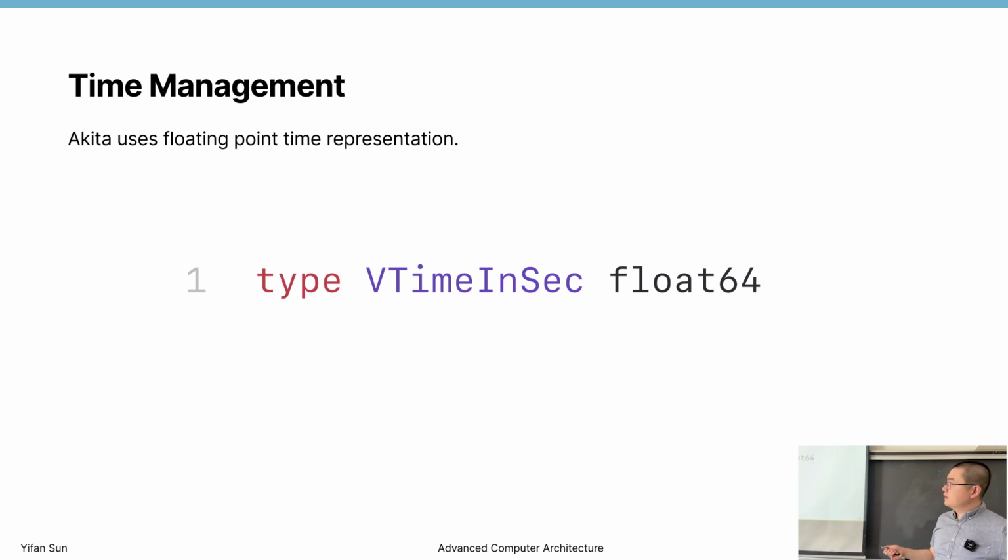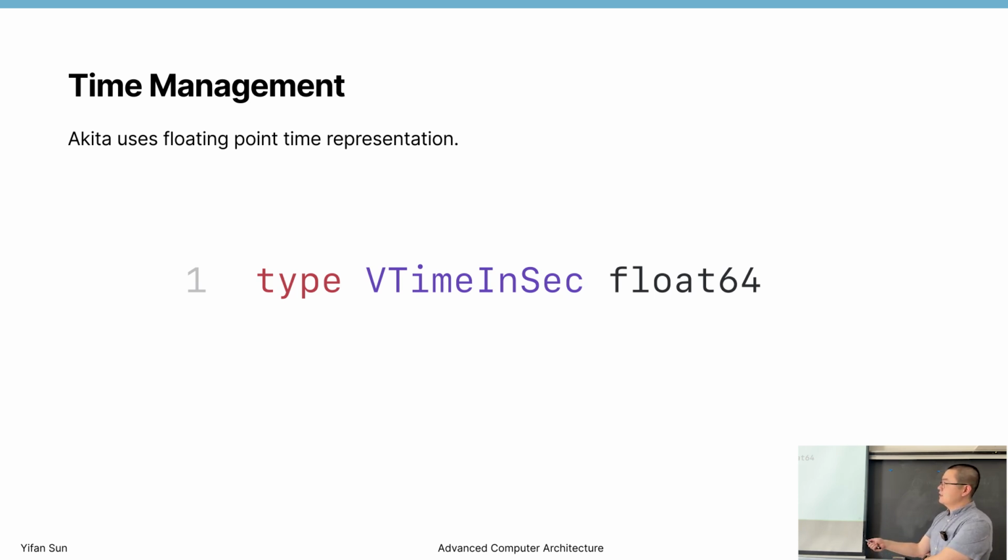Akita has a very unique design decision that we use a floating point number to represent time. You may feel it's normal. Let me first introduce this. This is Go syntax, right? All of you have used Go in your first assignment. This is a type definition. We define a type. What is the type? It's called VTimeInSec. What's the actual type? It's a float64. It's not a type alias.